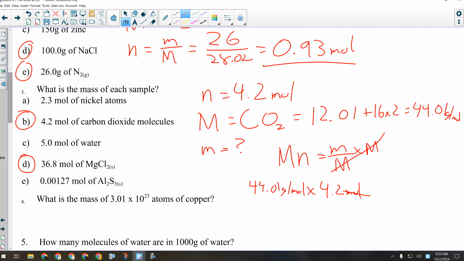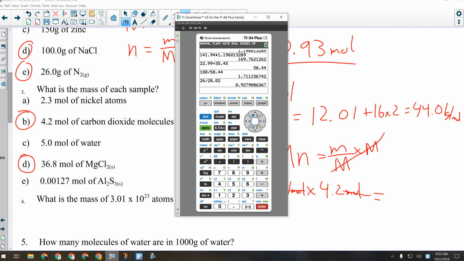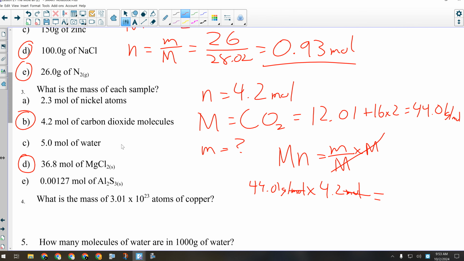When we do that, the moles are going to cancel, and we'll be left with grams. So 44.01 times 4.2, and we got 184.84. What are my units? Grams. All right, I'll give you a couple more minutes to get D done there, guys, if you don't already have it done.